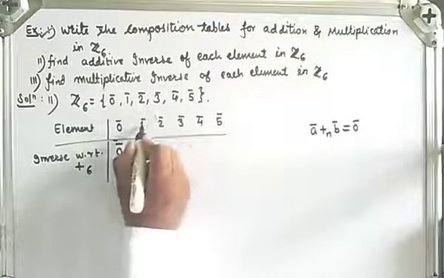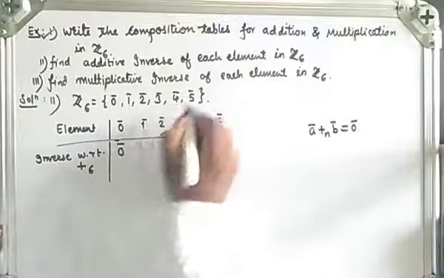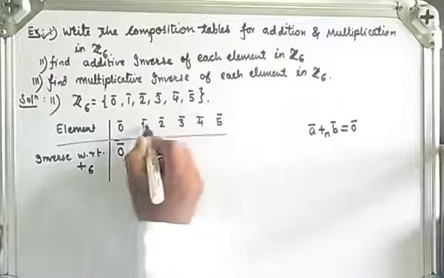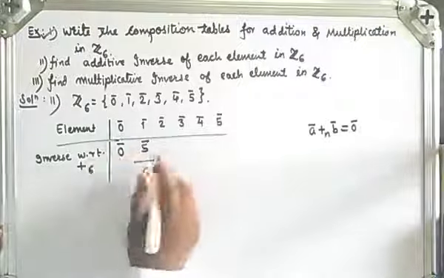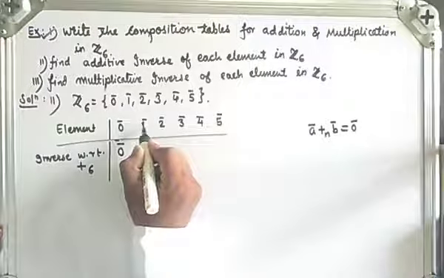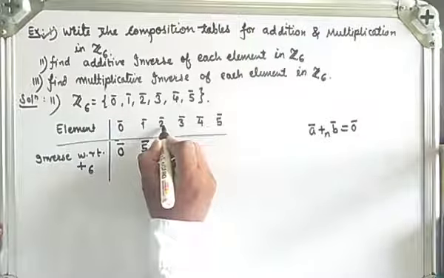Again here we have the element 1 bar. If I add 1 bar with 5 bar, then addition will be 0, because 1 plus 5 is 6, and 6 modulo 6 will be 0, right? So inverse of element 1 is 5. Now inverse of 2.